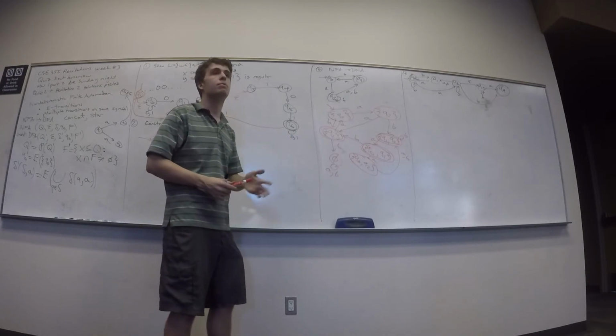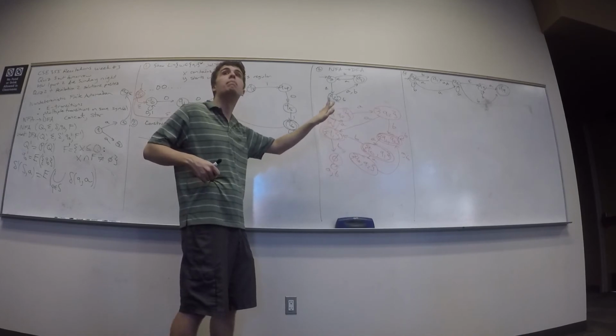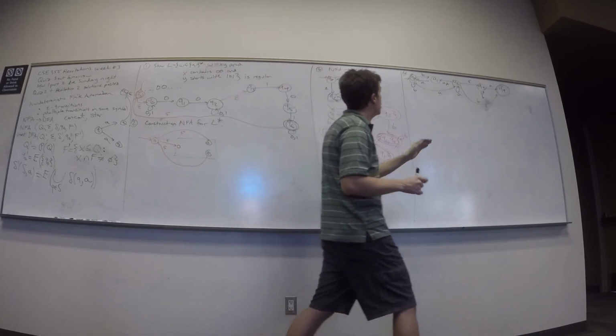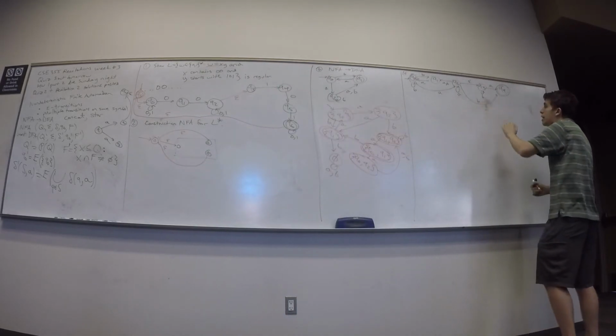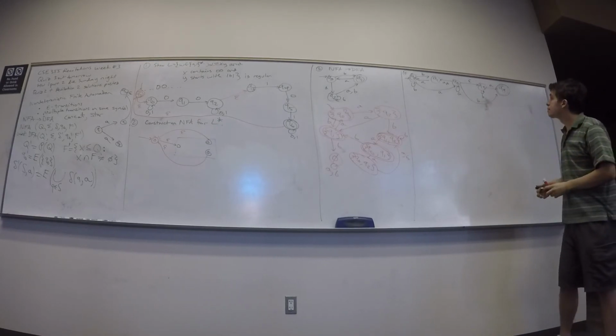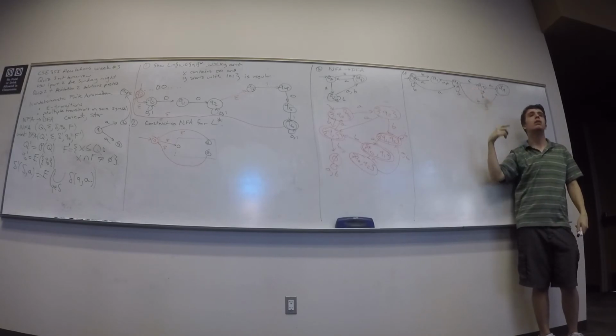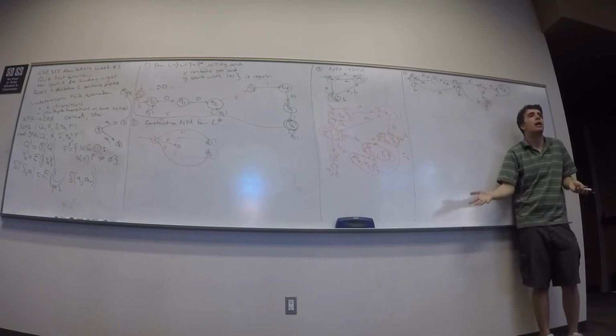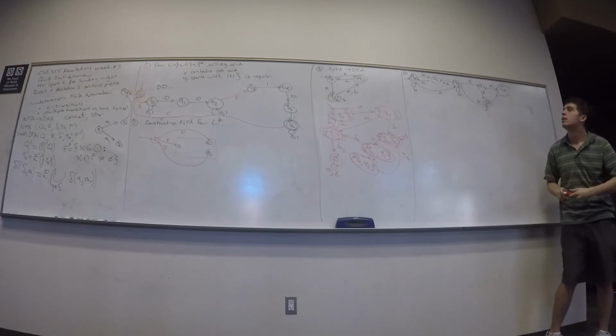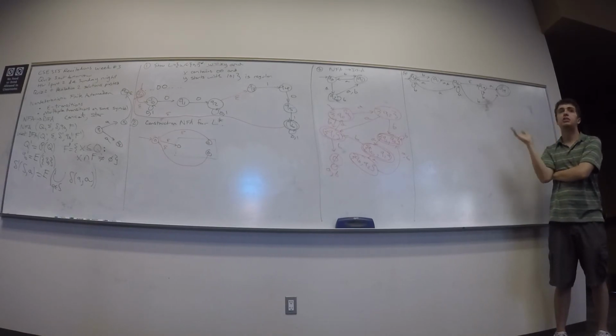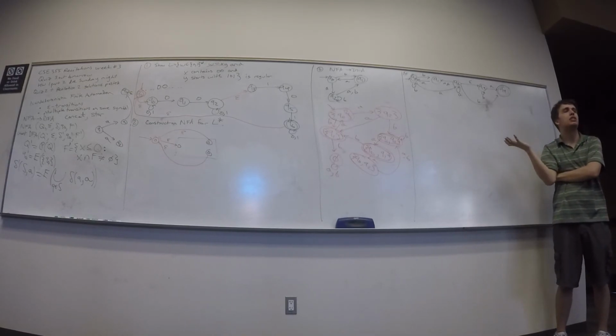Okay, so I definitely won't have enough time to finish this one, but let's at least start it. So I have another NFA. I want to convert it to a DFA. And this time, I really do have an epsilon transition in the middle, so I really do need to worry about epsilon closure and all that. So let's start from the beginning. How do I find what the start state of the DFA is?